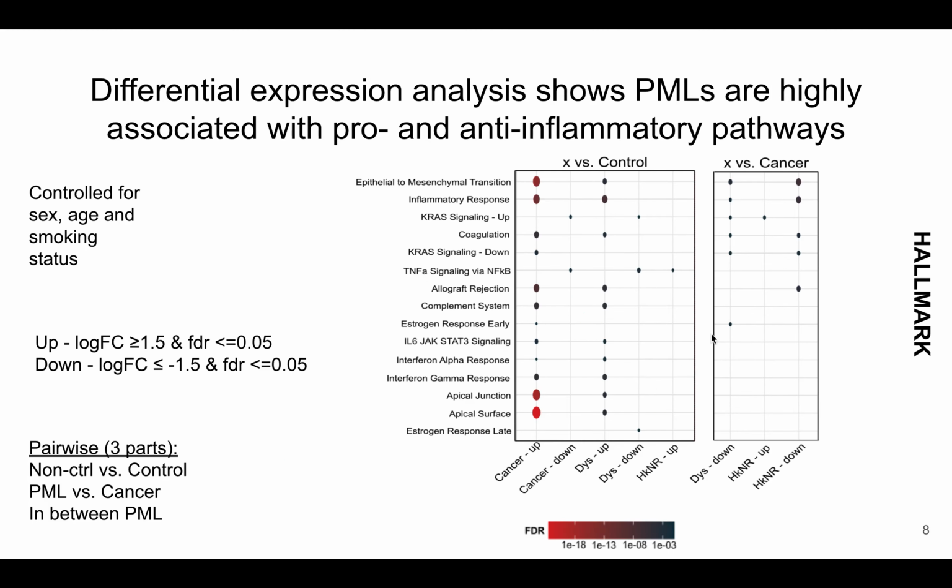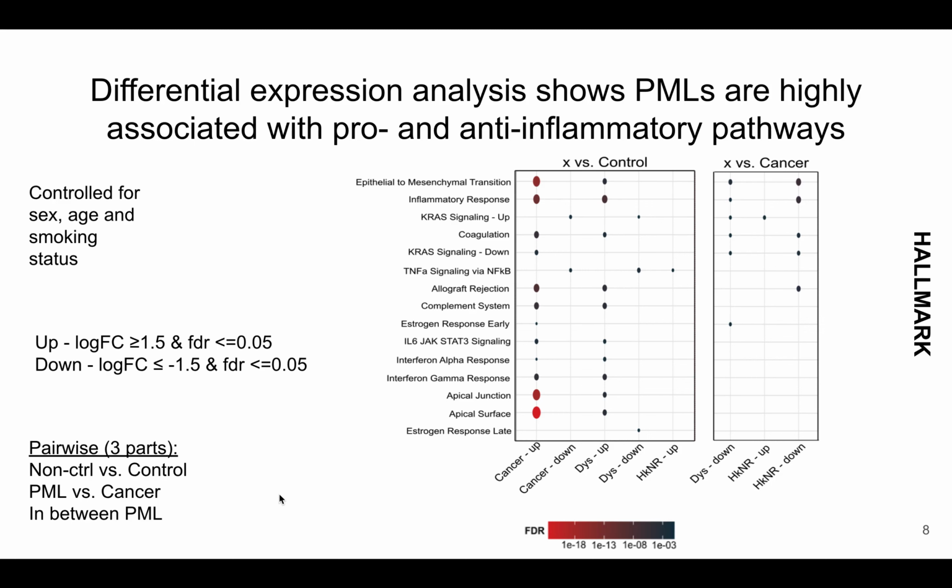And we also did differential expression analysis to understand the gene level patterns between these groups. We did this in a pairwise approach that led us to a 3-part classification. First, we compared the non-control group, that would be the PML as well as the cancer, with respect to control. Then we did PML to cancer and then in between PML.